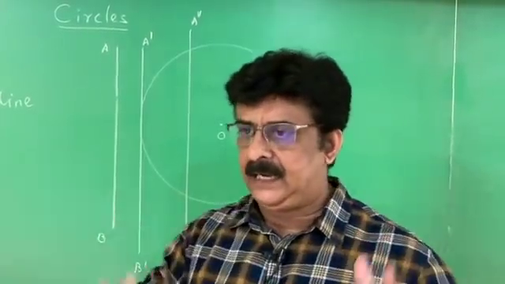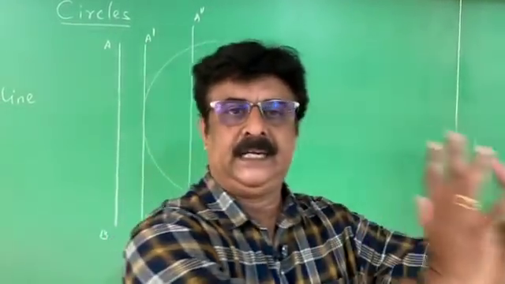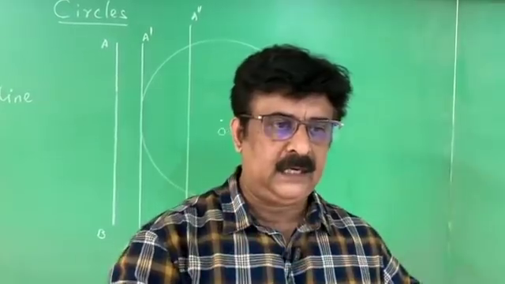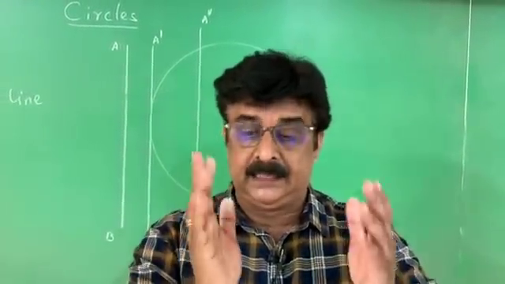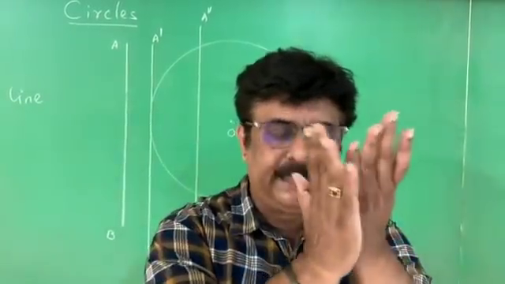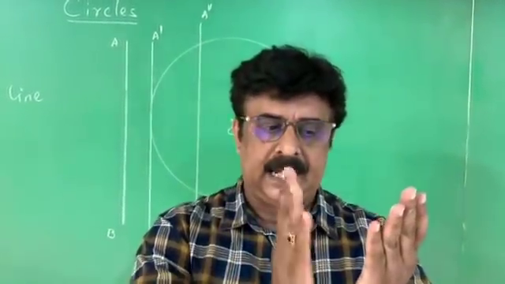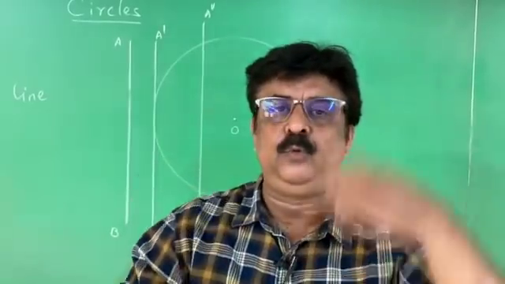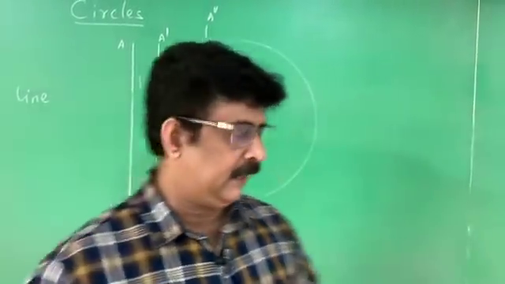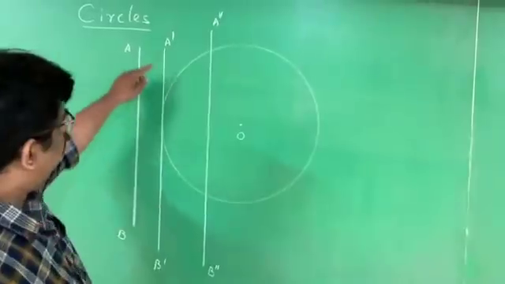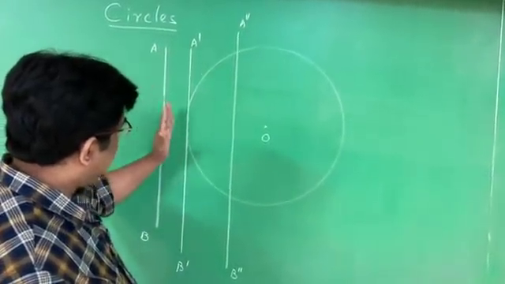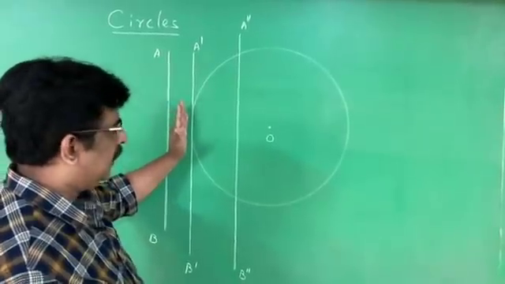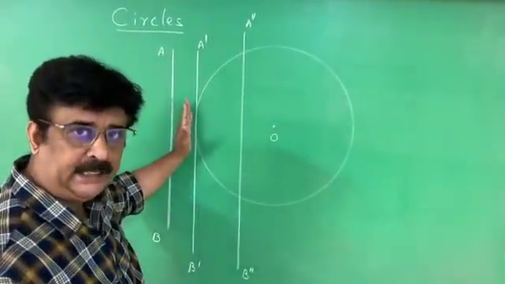Between a circle and line, we have three different conditions. One is, the circle and line have no relation. The line touches the circle at a point, and the line cuts the circle at two distinct points. Therefore, see, the first condition is A dash, B dash, where the line is touching the circle at only one point.